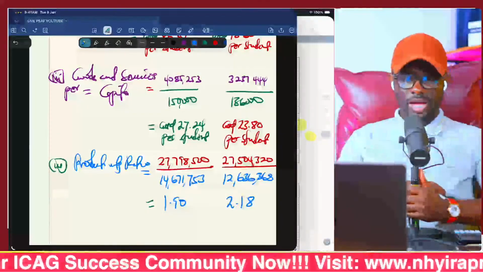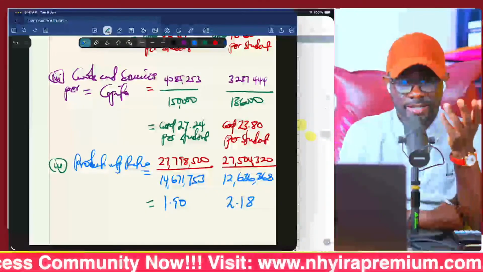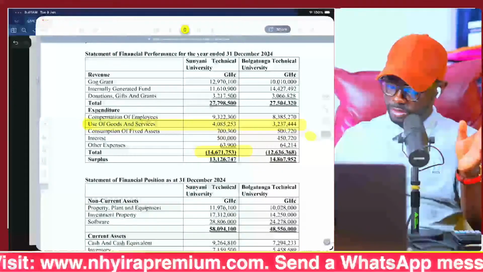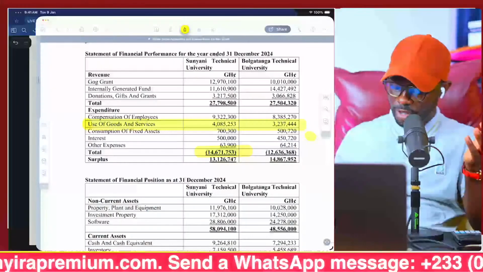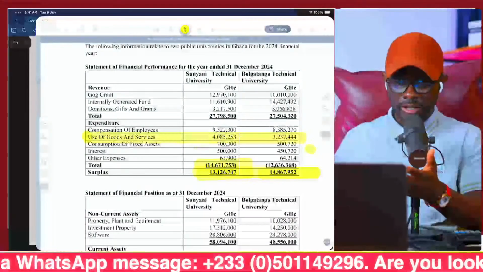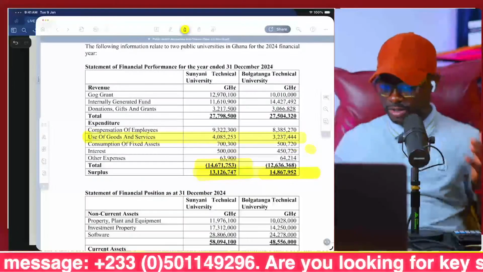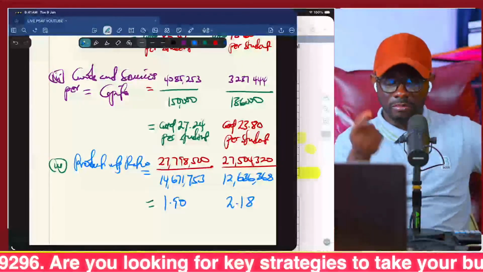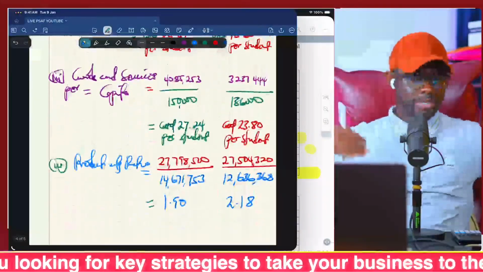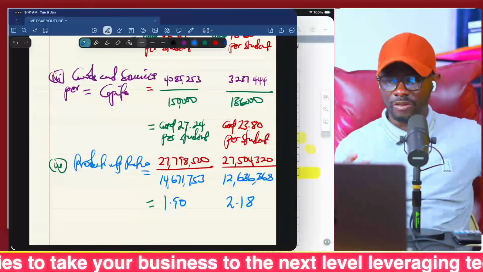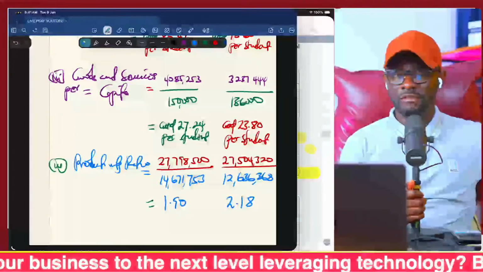So if you look at the two entities on a productivity level, on the overall they could be considered doing well because you can see their surplus here, and you can see Bolgatanga has a higher surplus than Sunyani University. And so the revenue of Bolgatanga can cover its expenditures 2.1 times. That's a significant thing. It means they will have a lot of surplus available that they can reinvest.